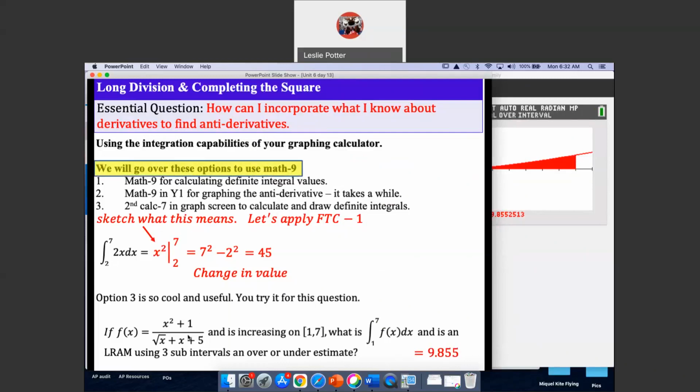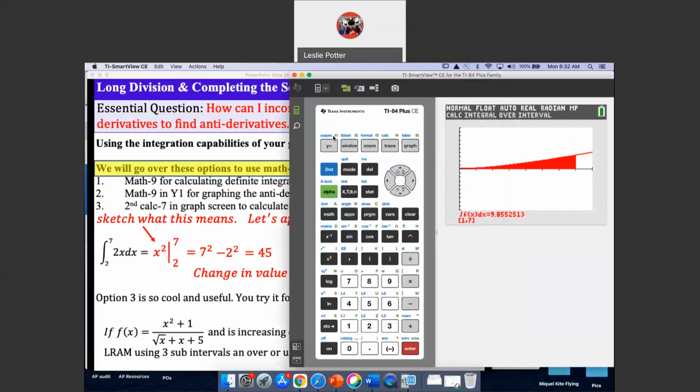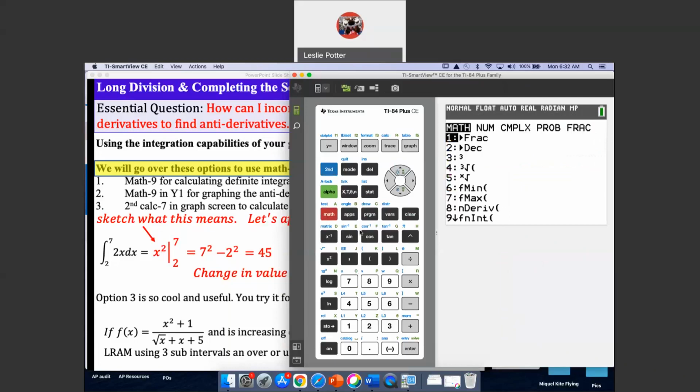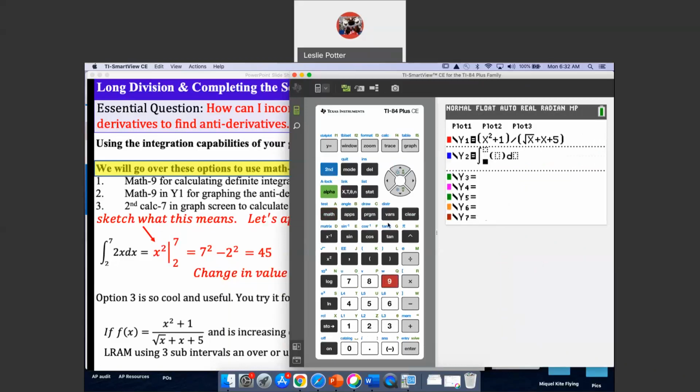Let's talk about graphing this in math with the graphing capabilities here. I'm going to keep this up here. So let's try to do a math 9 here. Okay, so from 1 to 7, let's go from 0 to 8 again, because we're matching the window, and I want to integrate this.